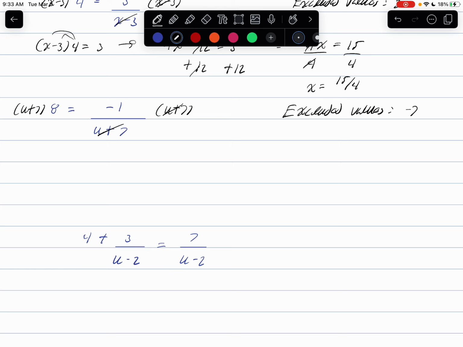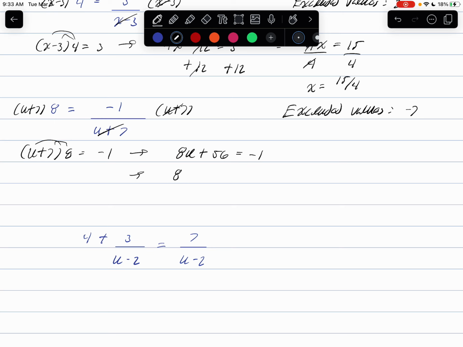So now we have u plus 7 times 8 is equal to negative 1. If we distribute the 8 here, we will get that 8u plus 56 is equal to negative 1.